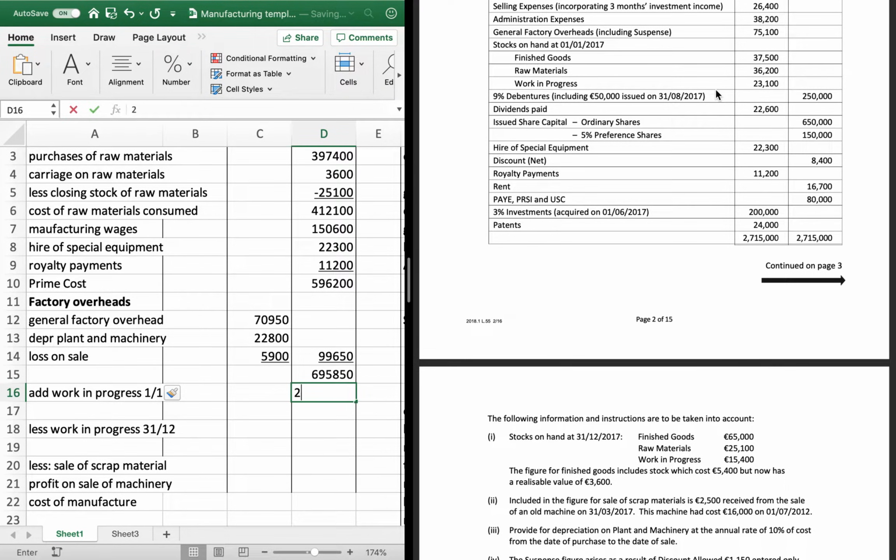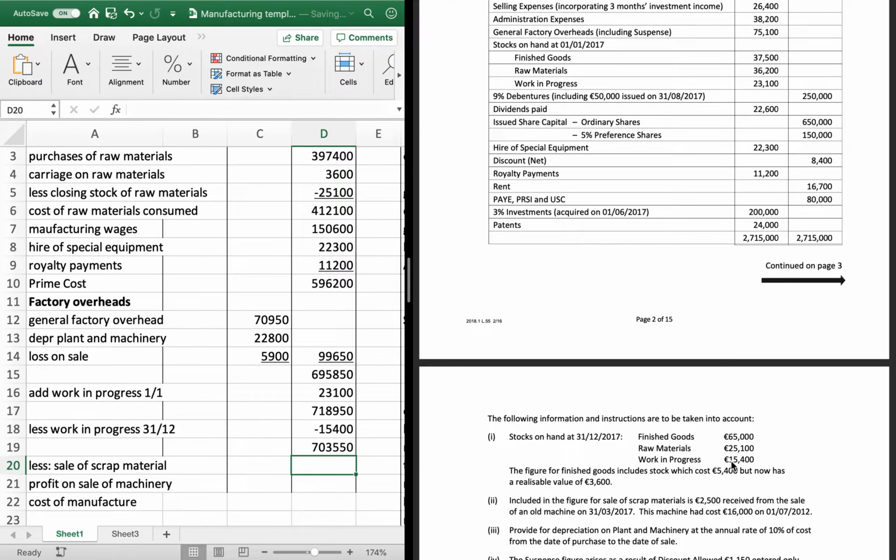Add that on. And then take away your closing stock of work in progress from down at the bottom. That'll never change, so we know that can go straight in. Okay, so that's 703,550.